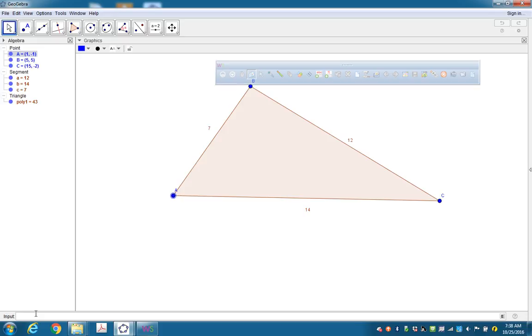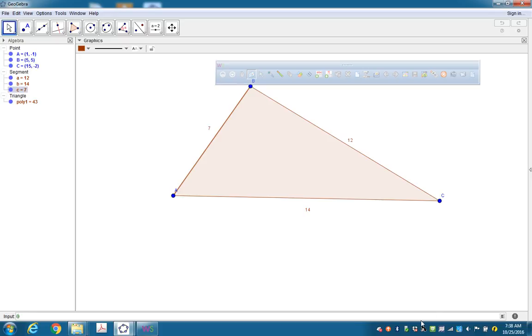So let's see, parentheses. There's parentheses. So how do I click on AB? How do I find segment AB? How do I put it in there? AB. It won't let me do that.